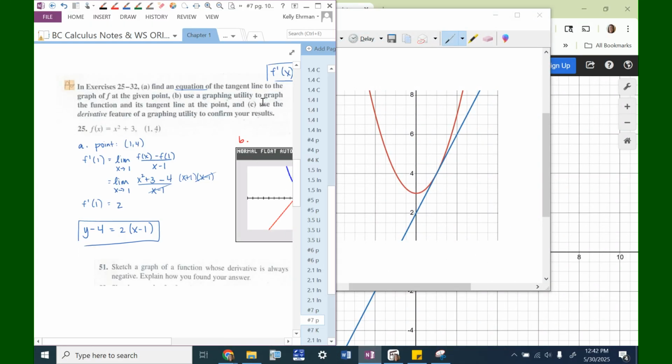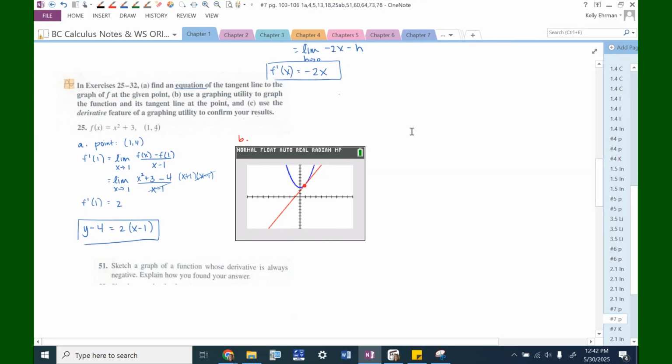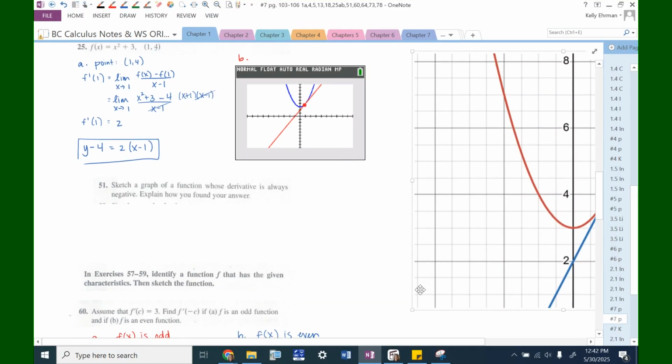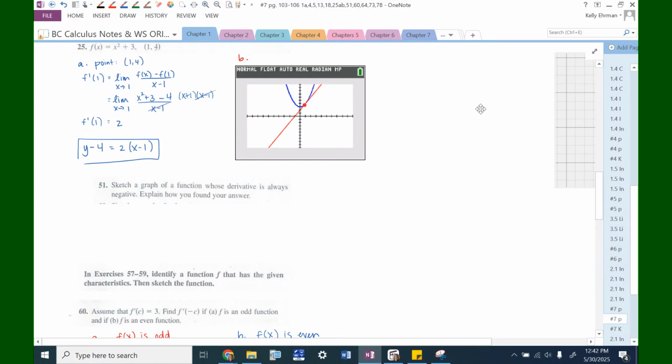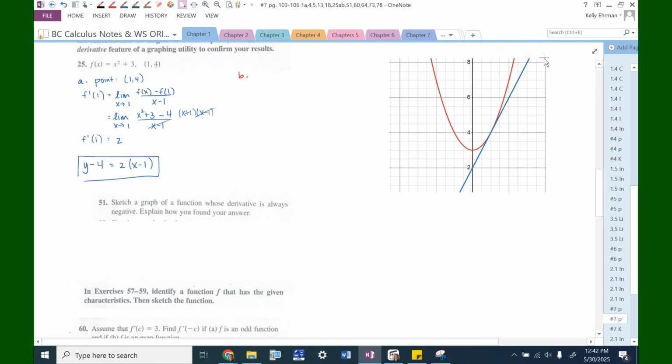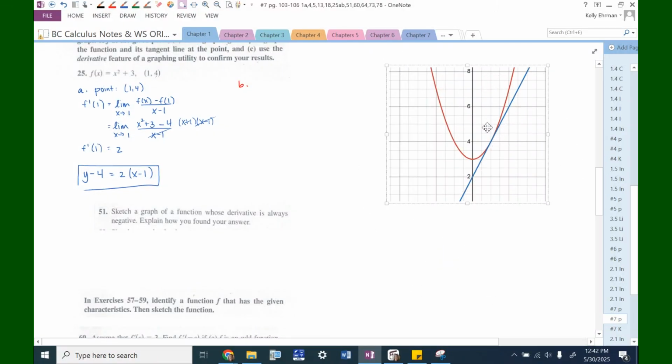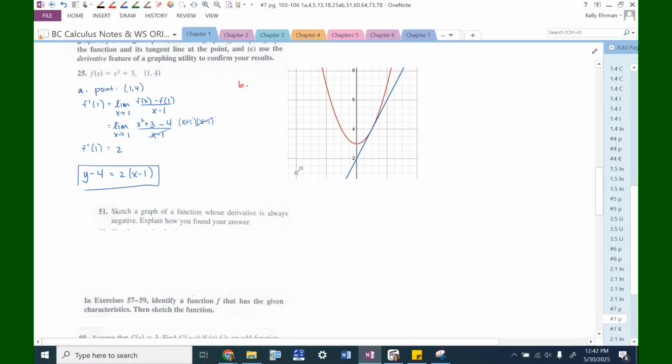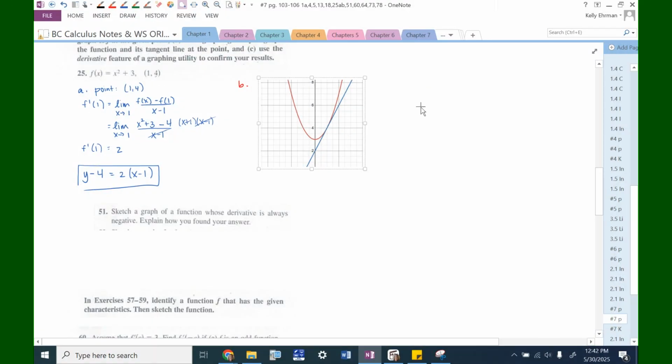All right, and then it did say to find the derivative feature. I do want to show you how to do that in your graphing calculator because it's kind of nice. Sorry. Okay, so it is kind of nice to be able to know how to evaluate derivatives on your graphing calculator. We will do this formally in a couple of days, but why not just show this?